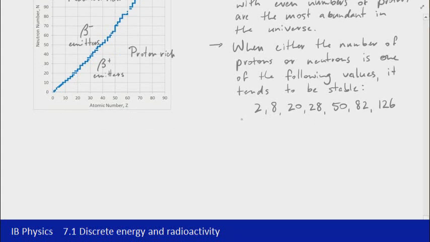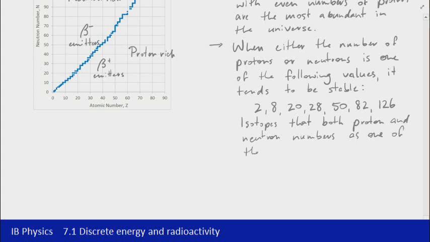Even further than that, isotopes that have both proton and neutron numbers as one of those magic numbers tend to be really super stable, highly stable.